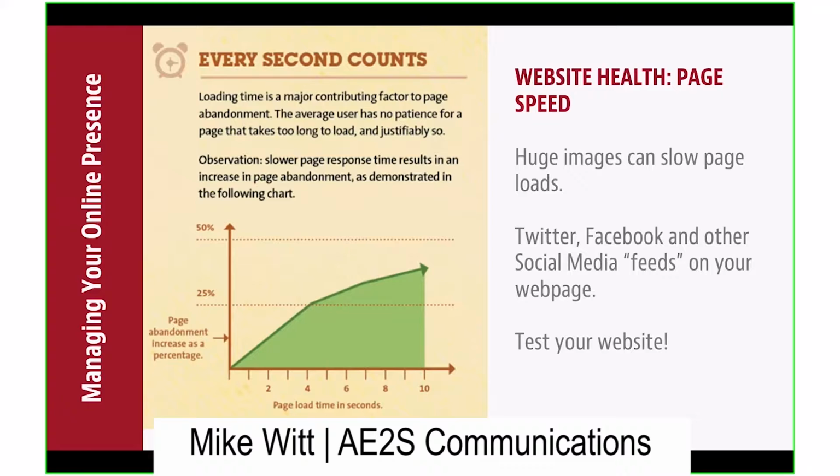And back to page speed, loading these feeds is another request. It's another thing that the browser has to go out and get when someone's trying to load your web page. So just consider that as something to help your referral cycle by not having those feeds, and it'll help your page speed, and it'll help people focus on those social media channels rather than just coming to your website and saying, oh, it's just here.